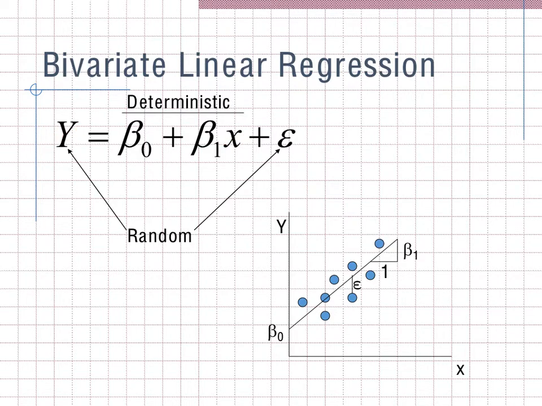Y is known as the dependent variable, x is known as the independent variable, and the relation between y and x includes an intercept, a slope, and in addition, in our model, there is a random term which gives the difference between a particular observed value for y and the predicted value based on our model. Because the error term is random, so is the dependent variable y.